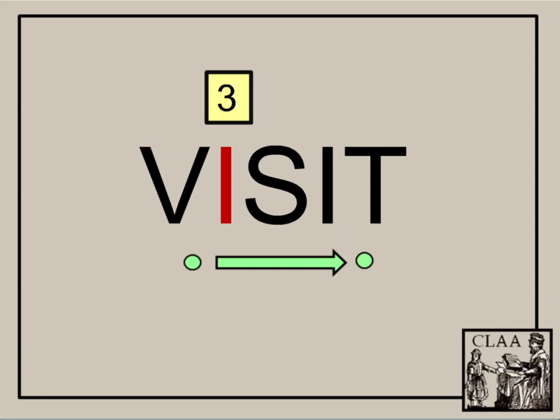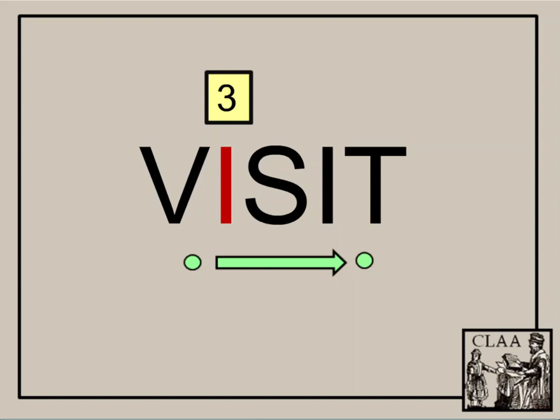In this lesson, we learned that the letter I, coming before a single consonant in a stressed syllable, should be read with the sound I, as in China. If you look at this word, the first letter I comes before a single consonant. And the first letter I is in a syllable that is stressed.